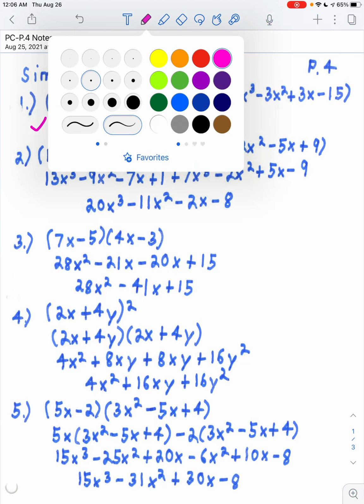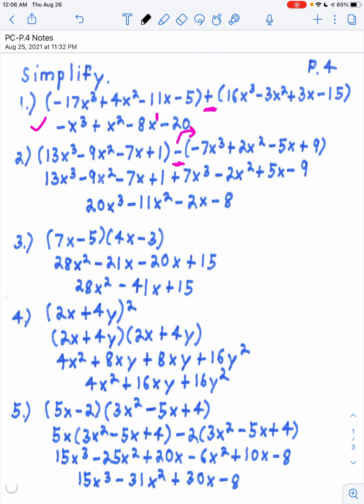It's like you are distributing a negative 1 here with the quantity in the second set of parentheses. Once you've rewritten it, which I highly recommend you do, this line, then combine like terms, and that gives you the final answer of 20x cubed minus 11x squared minus 2x minus 8.